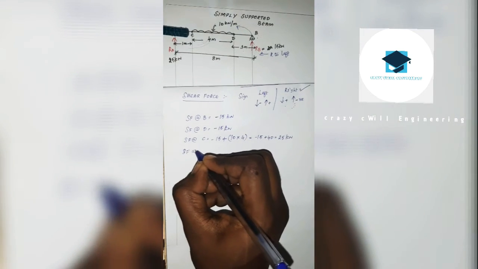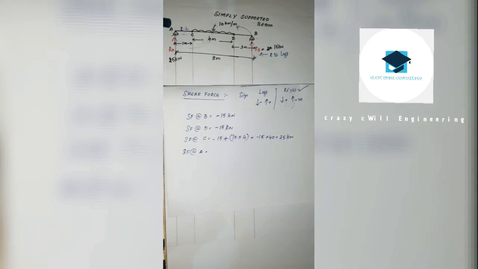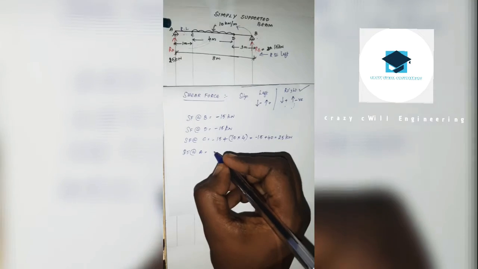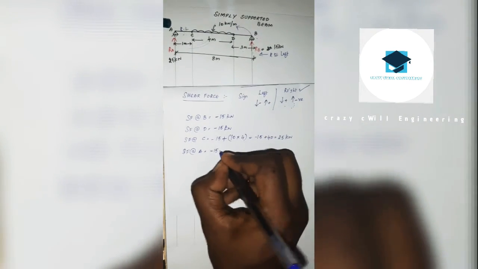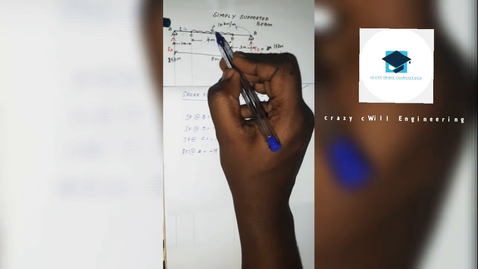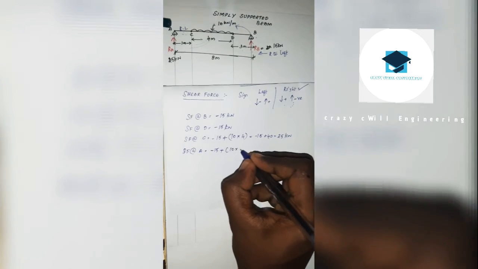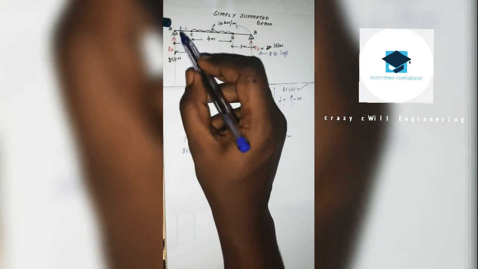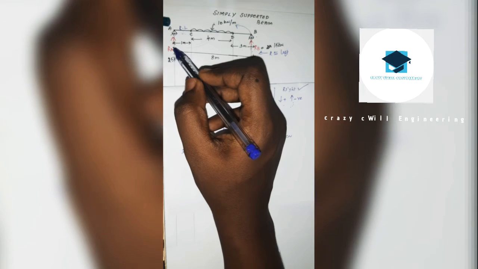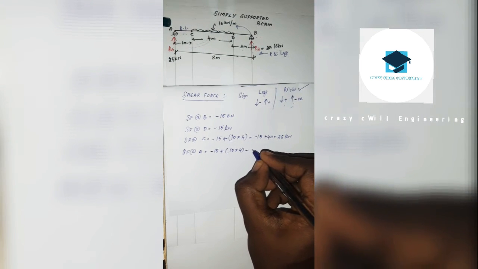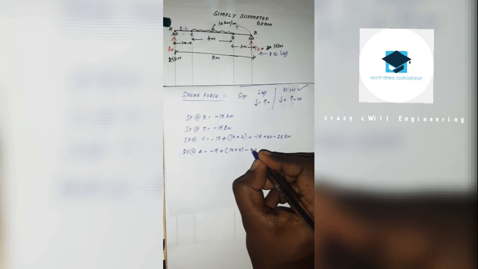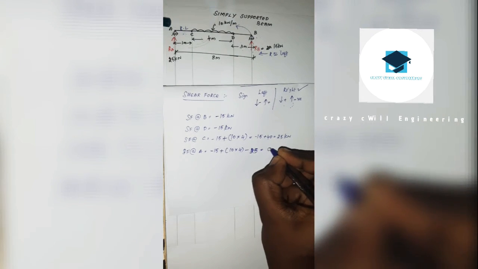Shear force at A. RB is acting in the upward direction, so put minus sign 15. Plus 10 kilonewton per meter is acting in the downward direction, so 10 into UDL length 4. And RA is acting in the upward direction, so put minus sign 25, equal to 0.